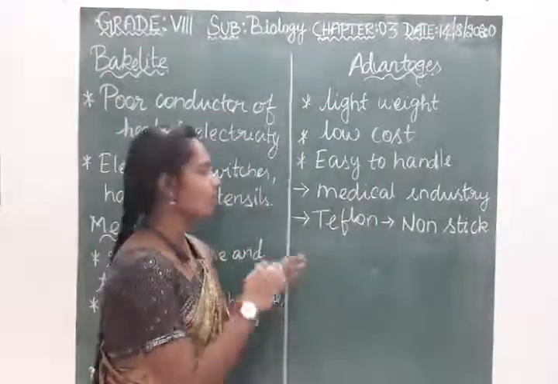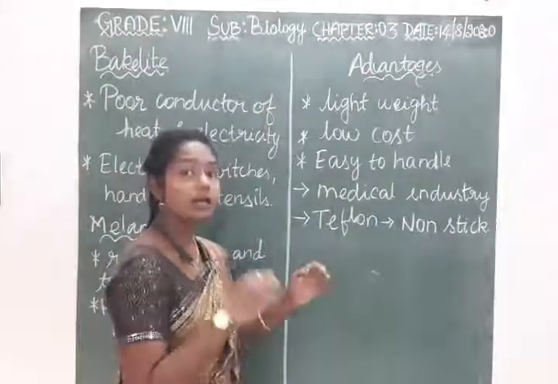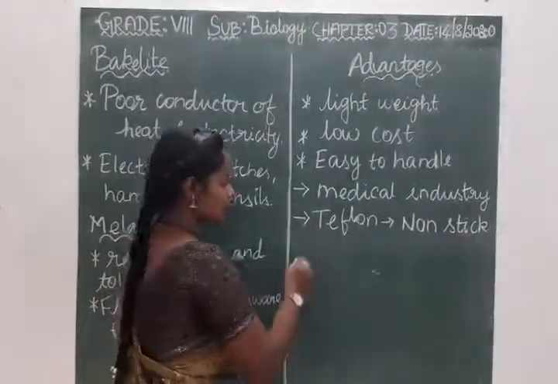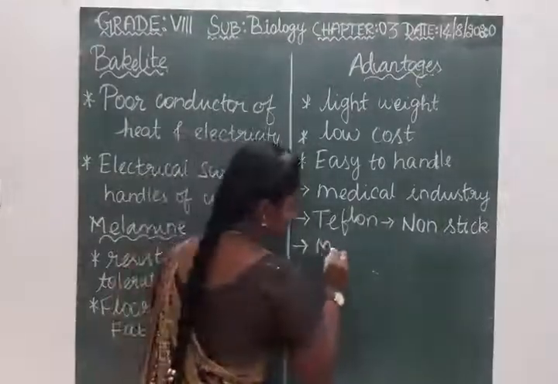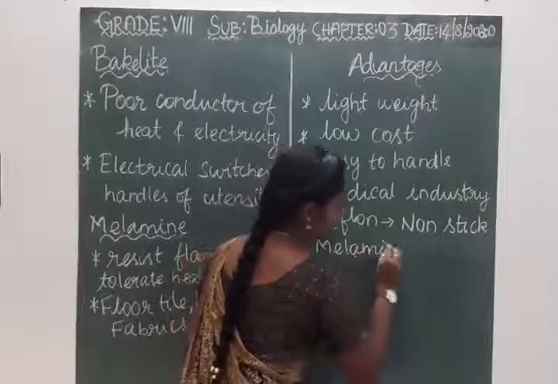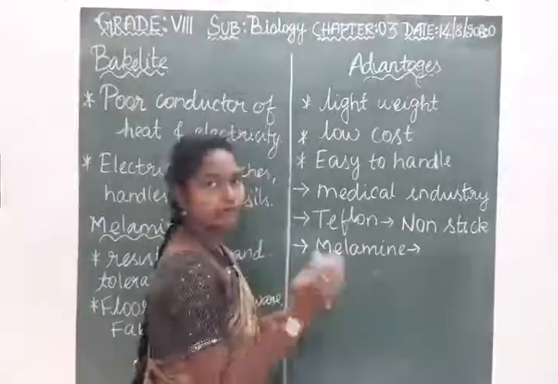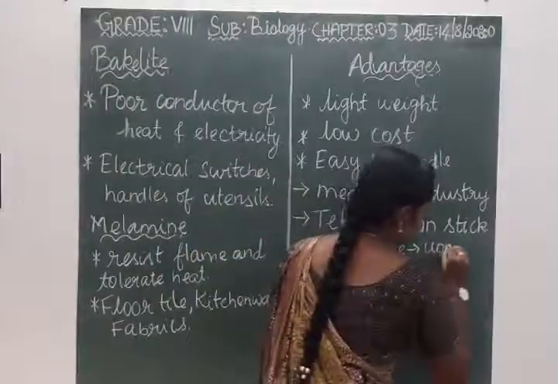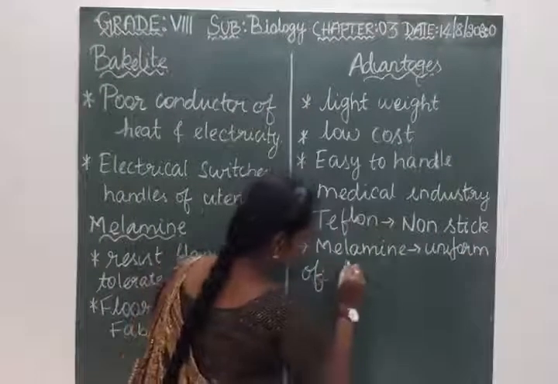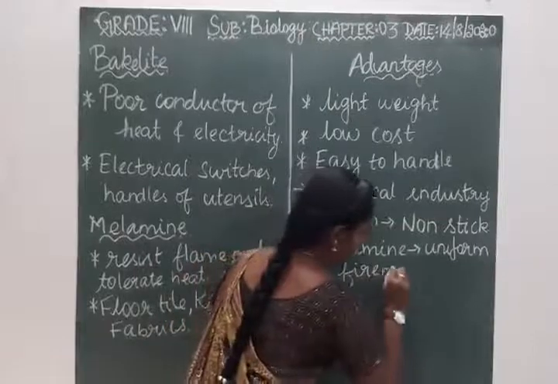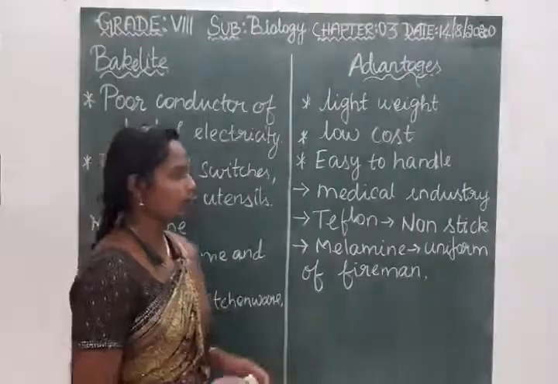Those pans are coated with Teflon. Because of this coating we call them non-stick pans. It is also used in cookware. And next, melamine. We know that it is flame resistant and is used in the uniform of firemen. So these are some of the advantages and uses.